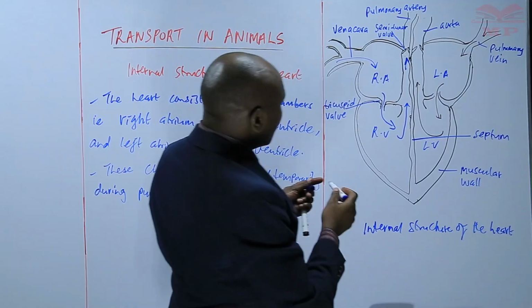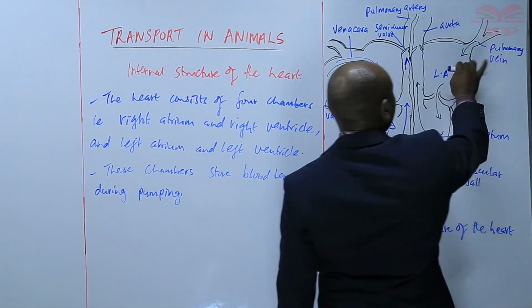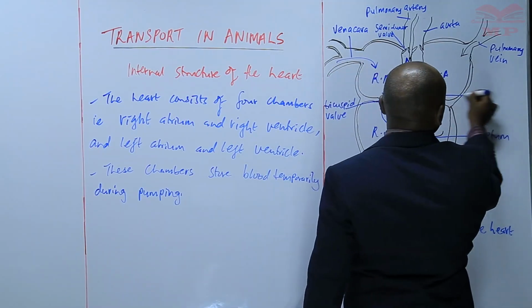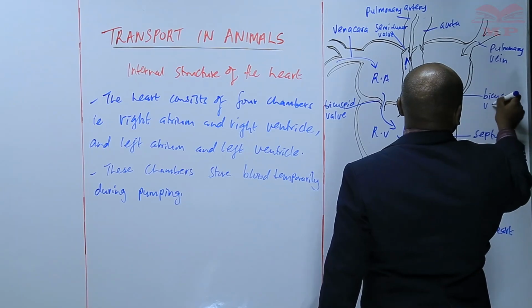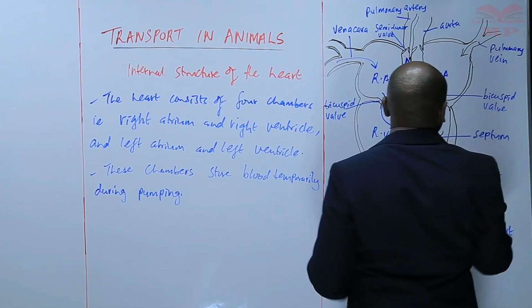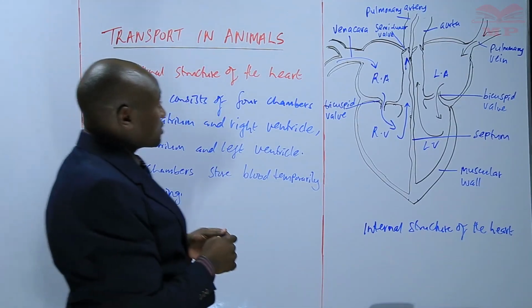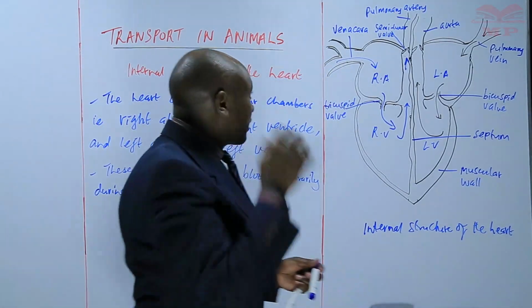And I think basically we have labeled the main parts. We also have a valve between the left atrium and the left ventricle. This one we refer to as the bicuspid valve. And basically that is the internal structure of the heart.